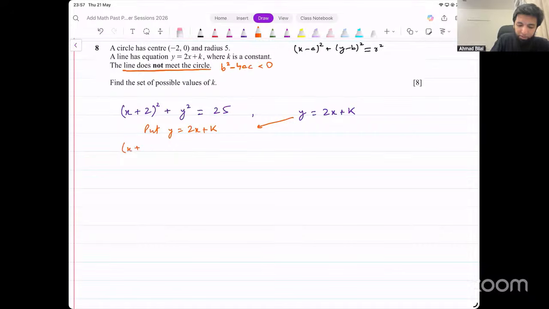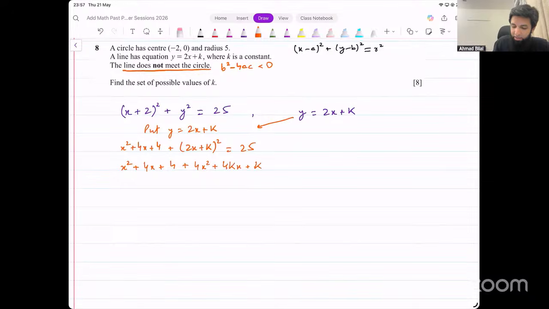X plus 2 whole squared. I'll simplify that. So it gives me x squared plus 4x plus 4 plus y squared, that means 2x plus k whole squared equals 25. Simplify everything and that will give us x squared plus 4x plus 4 plus 4x squared plus 2 into 2x into k, that's 4kx, plus k squared minus 25 from the other side.